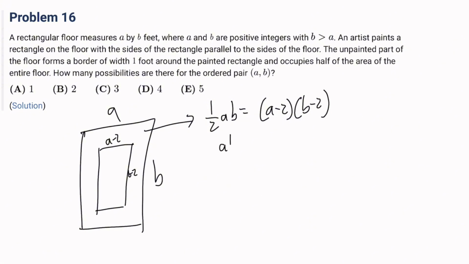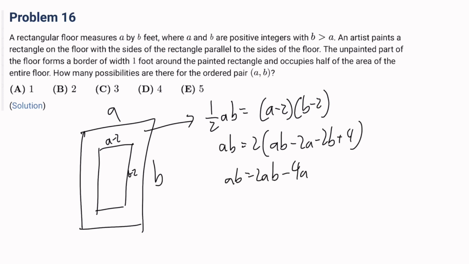And so ab equals 2 times (ab minus 2a minus 2b plus 4), and so ab equals 2ab minus 4a minus 4b plus 8, and so this gives us ab minus 4b minus 4a plus 8 equals 0, right?